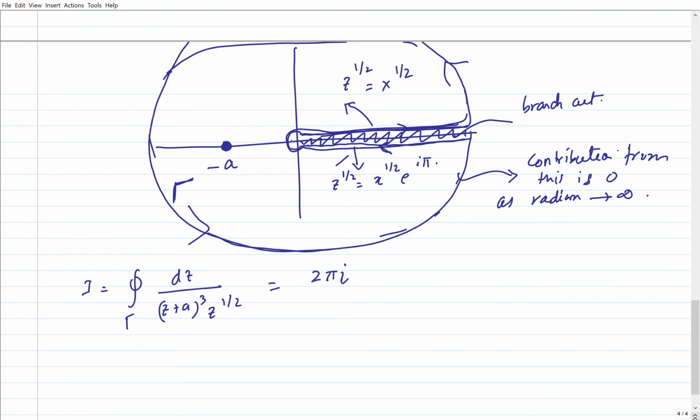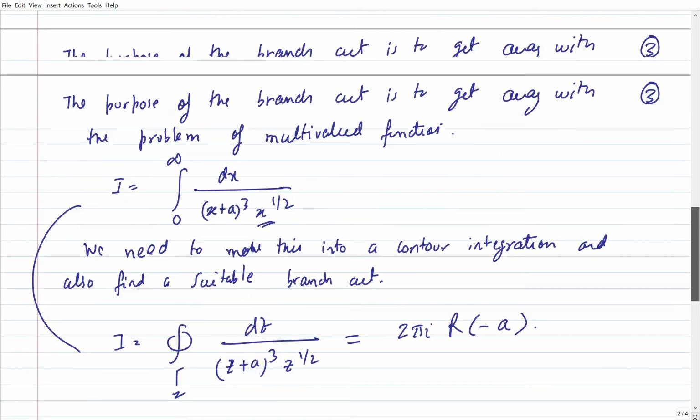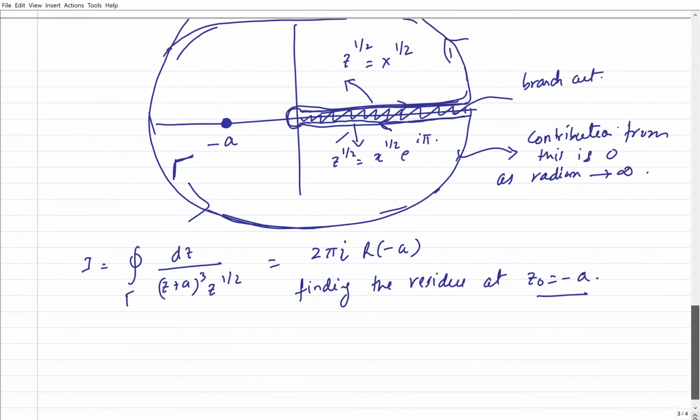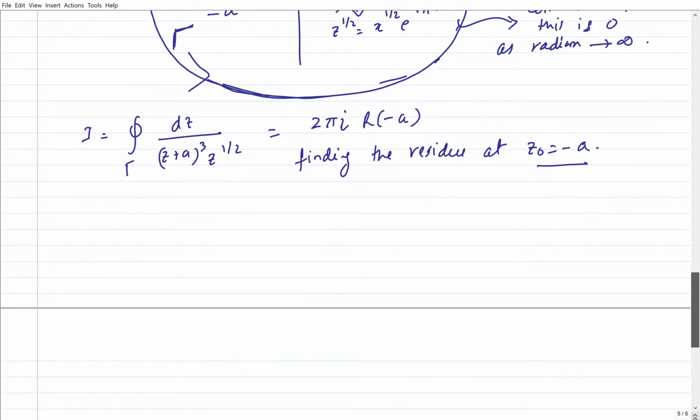This has only one pole inside this whole contour, so I'll have this as 2 pi i times the residue at z equals minus a. So now it boils down to first of all finding the residue at z0 equals minus a. That is my first target, and that is rather easy, right?